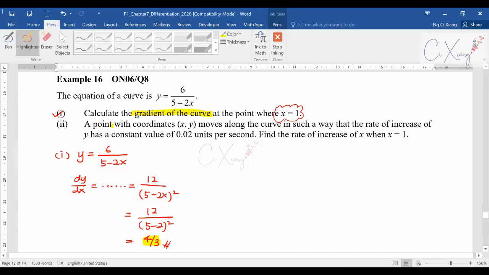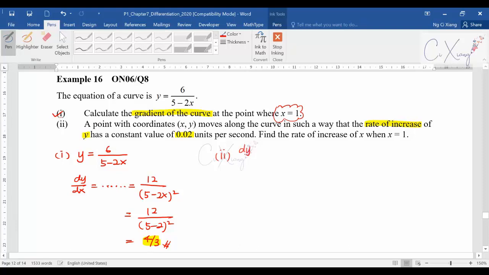Part number 2: a point with this coordinate moves along the curve in such a way that the rate of increase, so you see the rate of increase tells you that the value will be positive, the rate of increase of y has a constant value of 0.02 units per second. If you look at this sentence itself, they are giving you extra information.